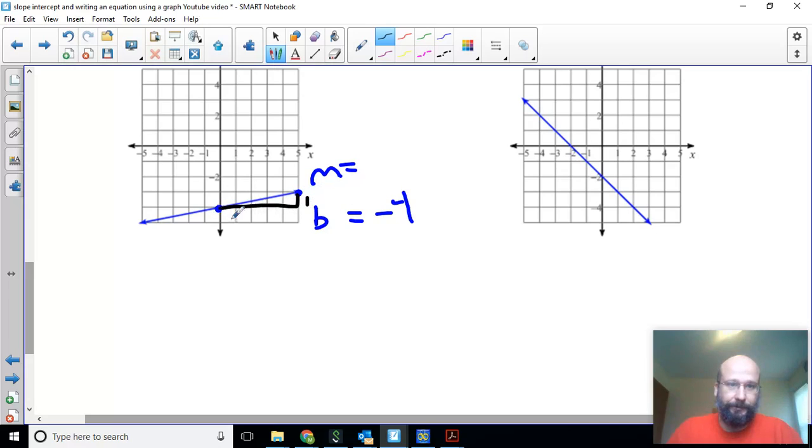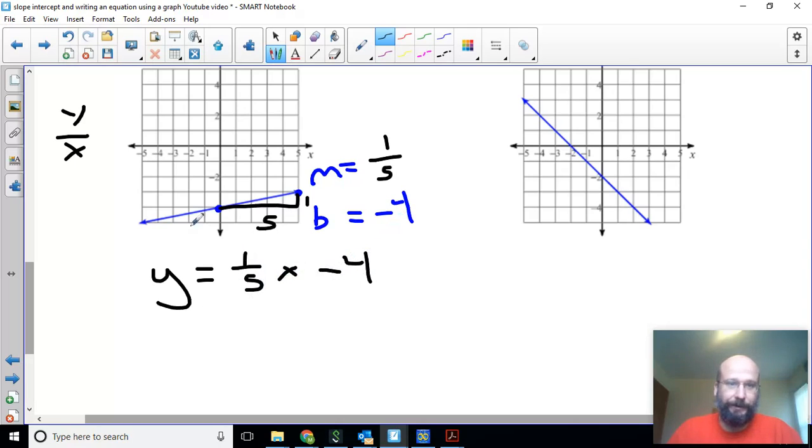That's 1, 1, 2, 3, 4, 5. So that's 1 over 5. Make sure you do y over x, 1 over 5 positive. So our y equals 1/5 x, and then this time it's minus 4. So this line as an equation is this.